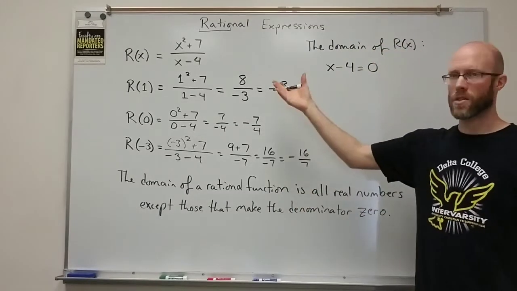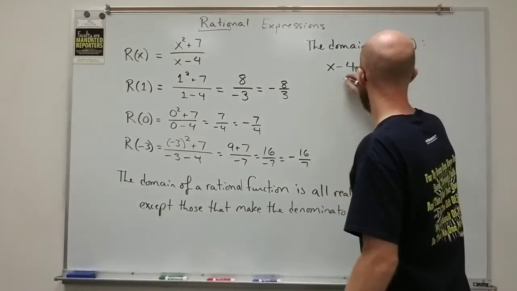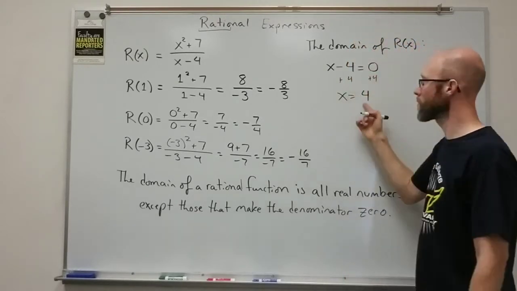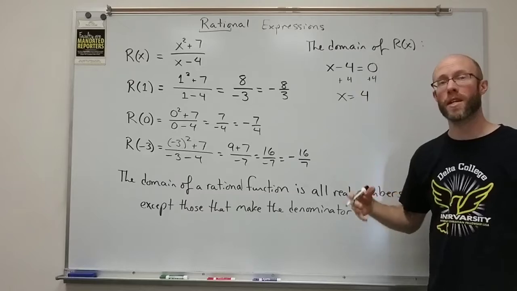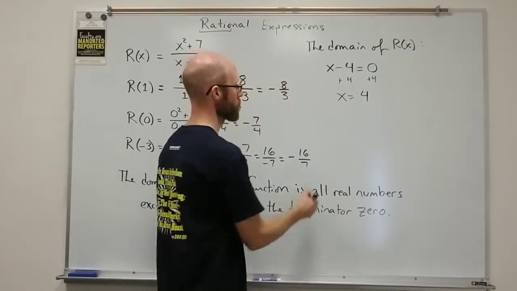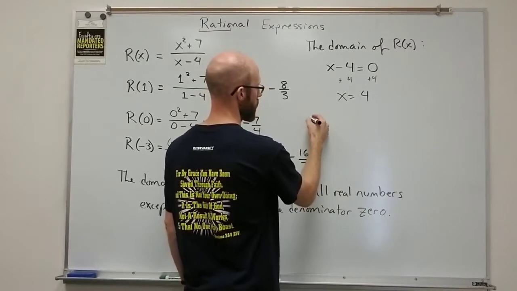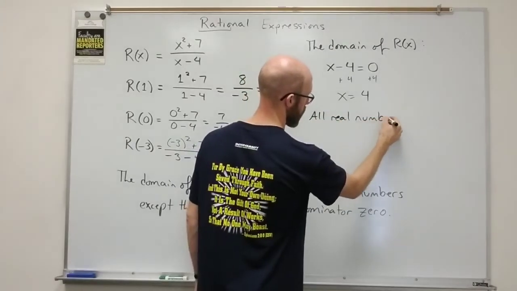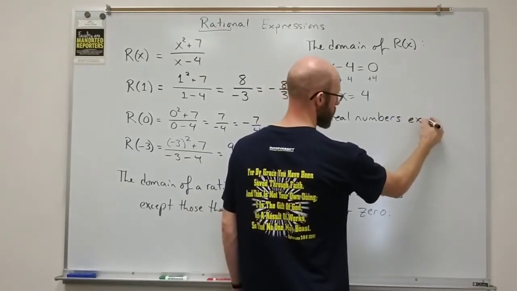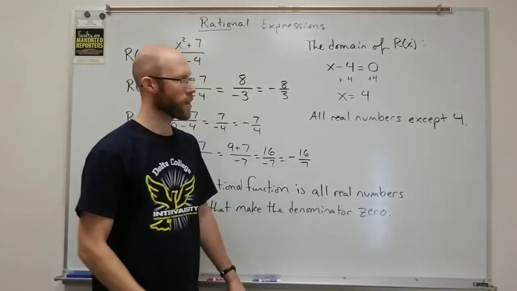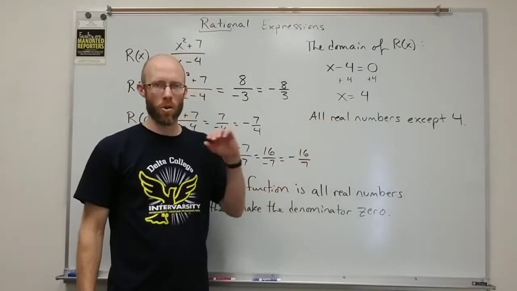Now, it's kind of obvious from this that 4 is the number. But again, you could add 4, you just solve the equation, you get x equals 4. Well, of course, that's not the domain. That's what we want to pull out of the domain. And so the domain itself is all real numbers except 4.